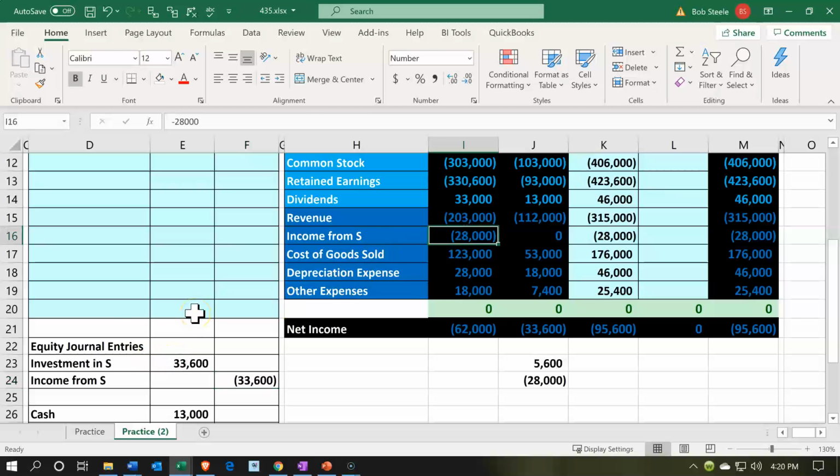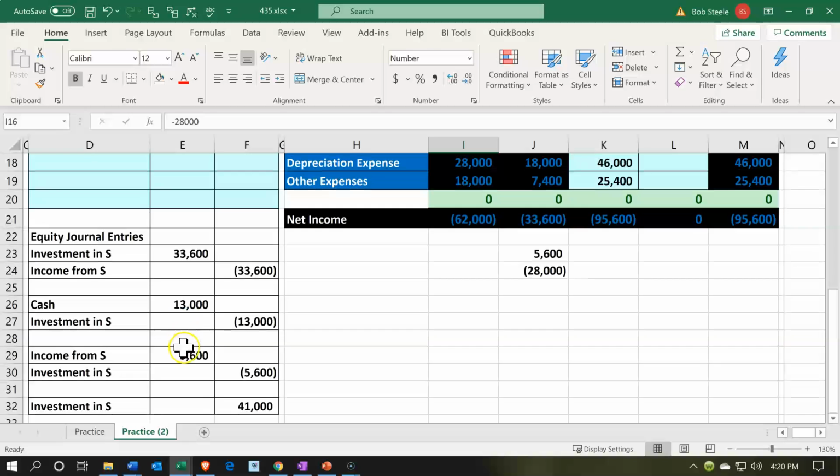But then they adjusted for it again down here, and they said, now I'm going to account for that depreciation, decreasing the income from S, which would be netting these two out, down to the $28,000, the other side going into the investment. So they could do it in a net process, or you could just see one journal entry that would basically be taken on this $28,000 rather than the $33,600.